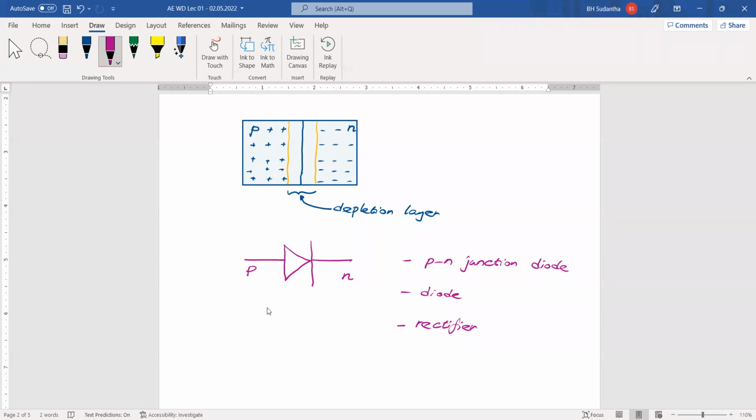According to the application, we can give different names to this diode, and there are different diodes also. But for the moment, we can say this is a diode.